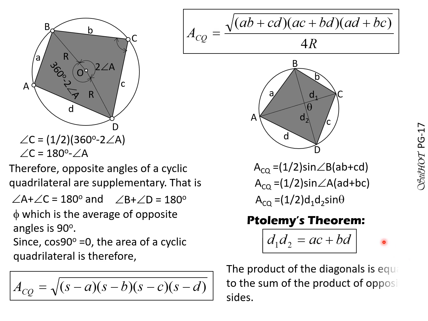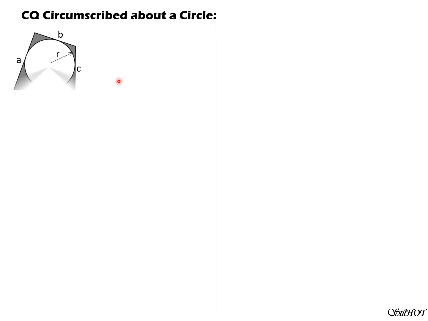The product of the diagonals is equal to the sum of the product of opposite sides of a cyclic quadrilateral. Then, finally, a cyclic quadrilateral circumscribed about a circle. This is very rare. If a cyclic quadrilateral is rare, this is very, very rare. The area is equal to RS for this case.